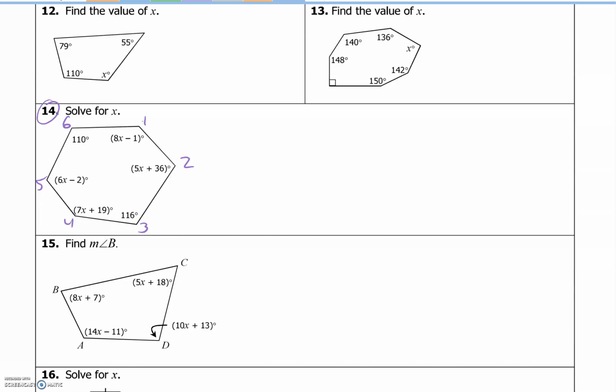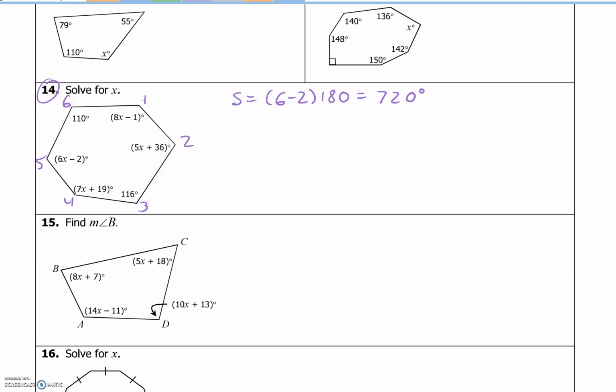Well, those are the interior angles of a 6-sided figure, and we do have a formula to find the sum of the interior angles. That is n minus 2 times 180, and that is 720 degrees, the sum of the interior angles for a 6-sided figure. Now I could set a formula up where I have 720 equals, and I could sum up all of those angles: 8x minus 1 plus 5x plus 36 plus, and you may remember that's pretty long.